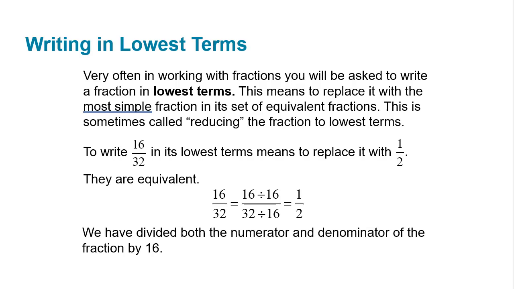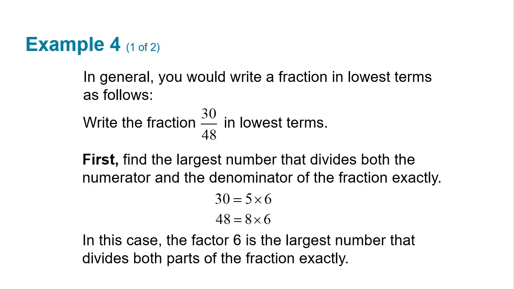But as I said, a lot of technology will do this for you, and there are other easier ways than trying to figure out, oh, they're both divisible by 16. Obviously this is pretty obvious. But when they get more complex, like maybe 30 and 48, well, then you can write each number out as its factor pairs like this, or more precisely, what normally happens is you would take each number and do what's called a prime factorization of it.